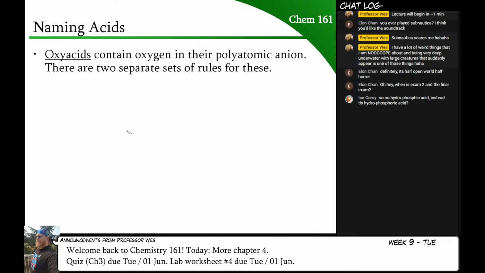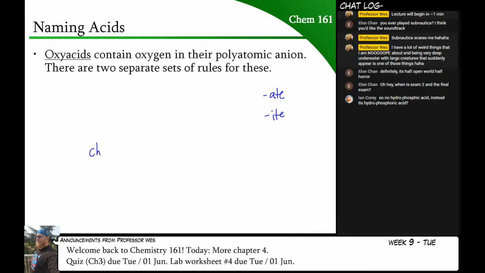Excuse me. Now, if you have a polyatomic ion in your acid, instead of just one anion, then 99% of the time what you have is what's called an oxyacid. Oxyacids contain oxygen in the polyatomic ion, and they have varying different names that affect how we treat our acid as a result. And what I mean is that the names tend to end in one of these suffixes.